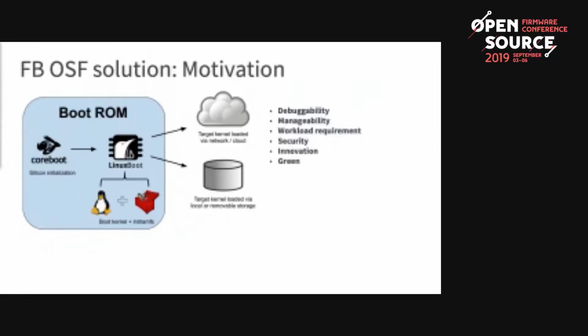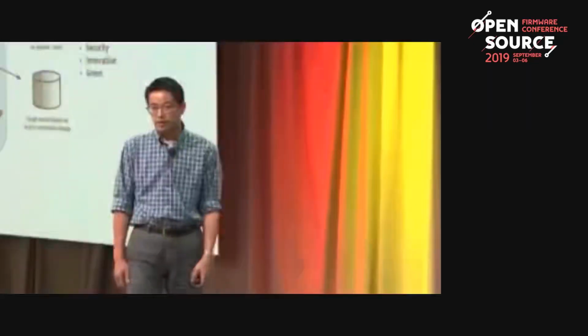Motivation. Why do we do this? What are the requirements from our customers, the production engineering teams? First is debuggability. When something happens, we have to be able to debug very quickly, right? When a severe issue comes, people will have to work 24 hours.